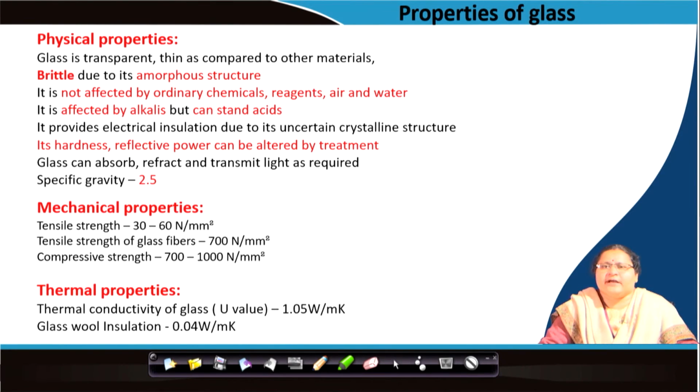It is not affected by ordinary chemicals, reagents, air and water. So, it is impervious. It does not allow air and water to pass through it, and it is not affected by acids. Yes, it is affected by alkalis to some extent, but not at all by acids.